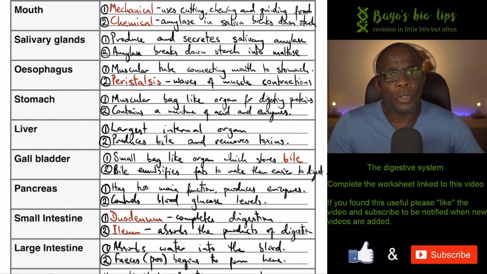Okay, what's the job of the liver? Two jobs. It removes toxins from the products of digestion after you've absorbed them, but it also produces something called bile, and bile helps to emulsify fats.